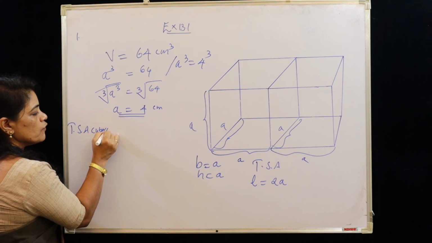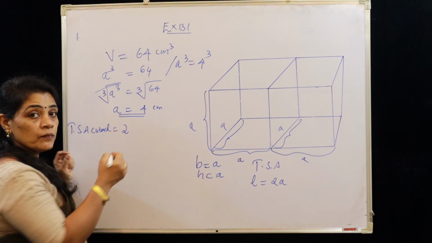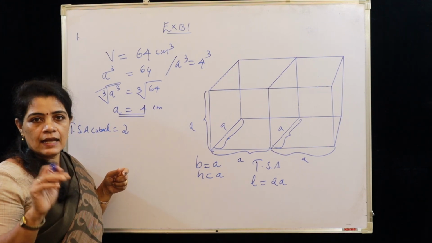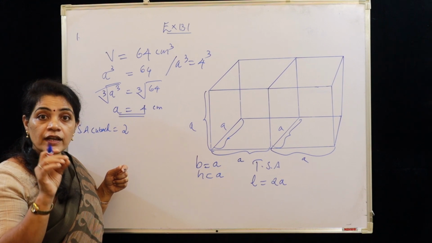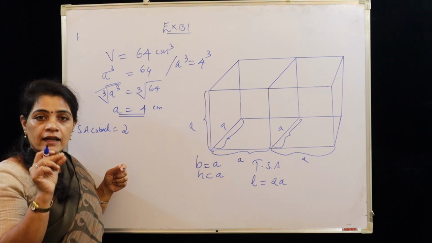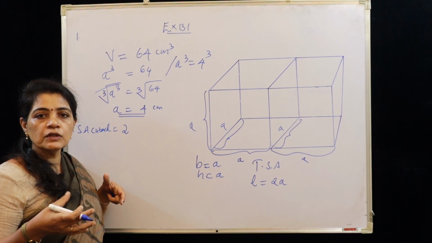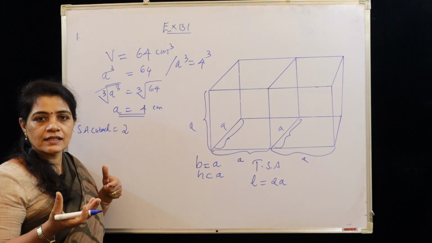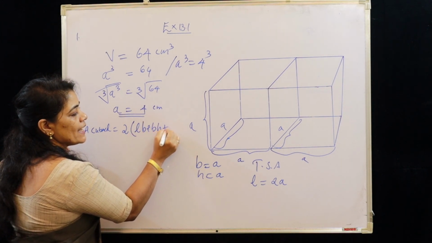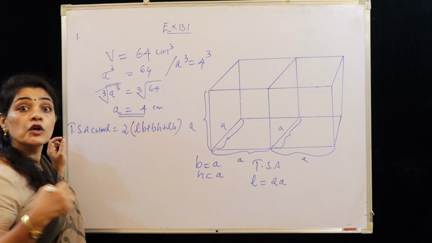The TSA of the cuboid is equal to, by formula, 2 into (LB plus BH plus LH). Children, in this lesson the very important thing is to learn the formula correctly, then only can you substitute and reach the correct answer. So 2 into (LB plus BH plus LH) is the TSA of the cuboid.